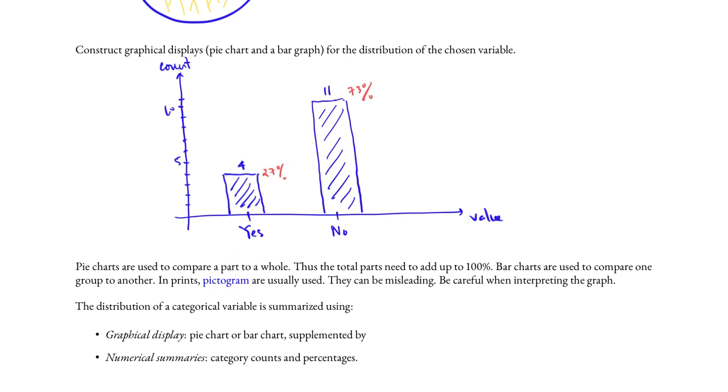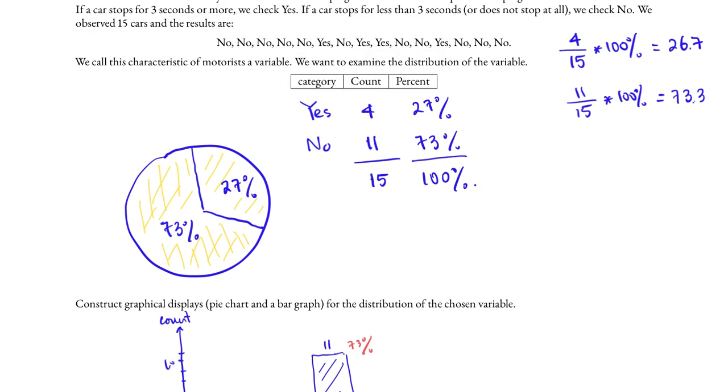And so, in summary, the distribution of a categorical variable is summarized using the graphical display, either the pie chart or the bar graph, supplemented by the numerical summaries, where the numerical summaries are the categorical counts and the percentages.